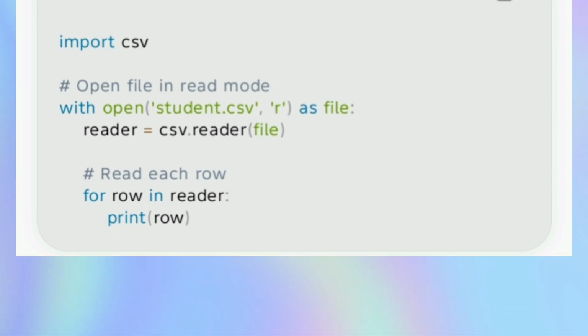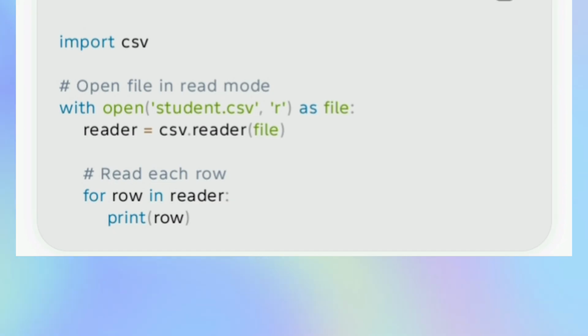Why do we need the for loop? Because of data iterating, reading multiple values, n number of values. That's why we use the for loop. Why do we use with? It was already explained in previous videos.